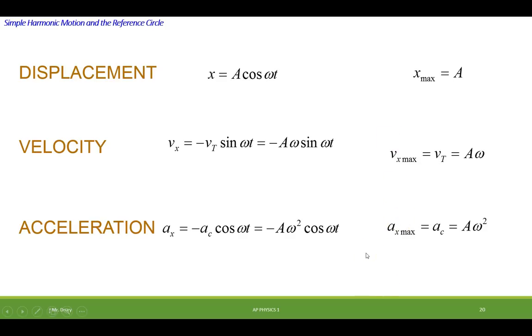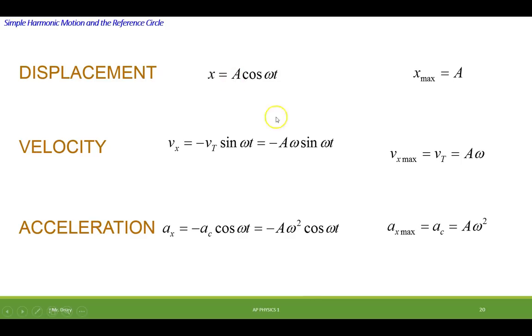So let's look at this a little closer. How in the heck are you supposed to remember things like this? Because only this equation, or a form of this equation, is on the formula sheet. Well, think of it this way. Look at the differences here. You go from cosine to sine to cosine again. Just remember that: cosine, sine, cosine.